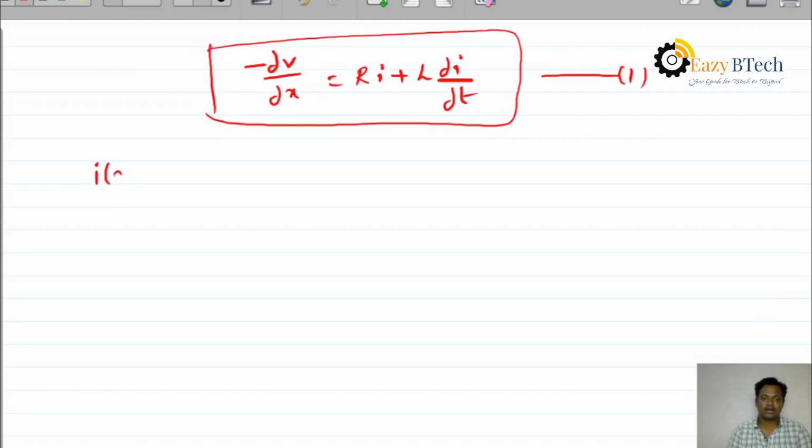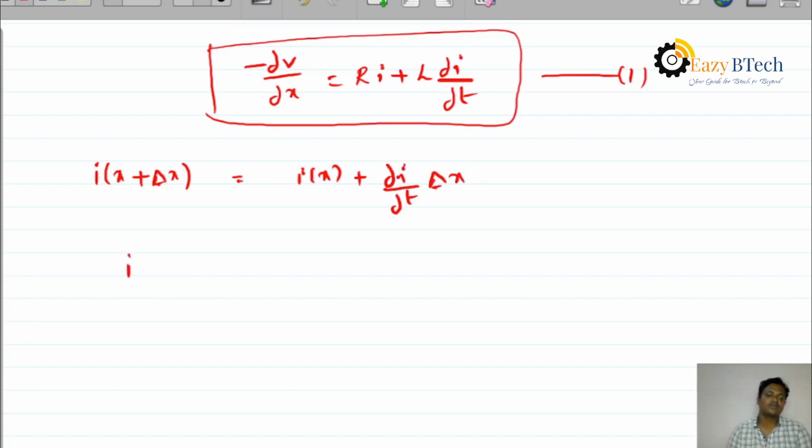And the same for the current waveform. Therefore, the current at x plus delta x, from the diagram, is I of x plus dou I by dou x into delta x.